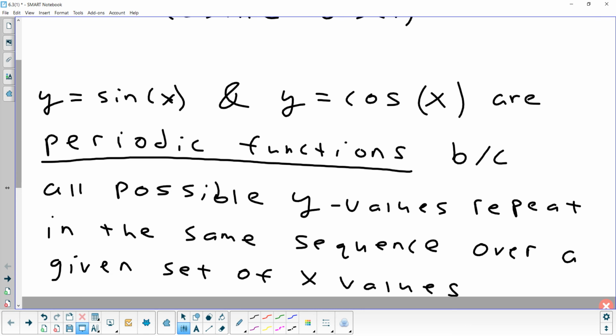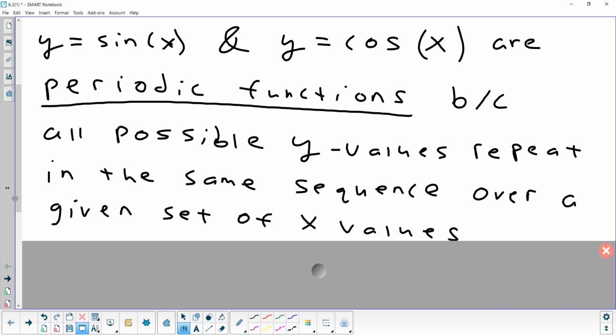So sine and cosine are what we call periodic functions because all the different y values that you are capable of getting from these functions will begin to repeat themselves in the same pattern after you've traveled a certain amount on the x-axis.